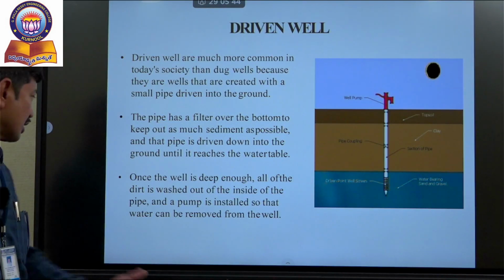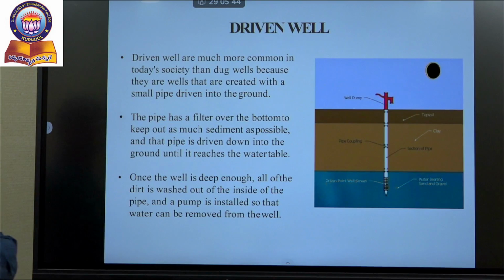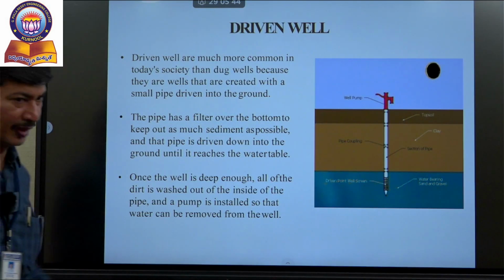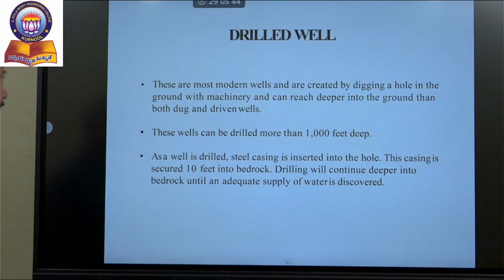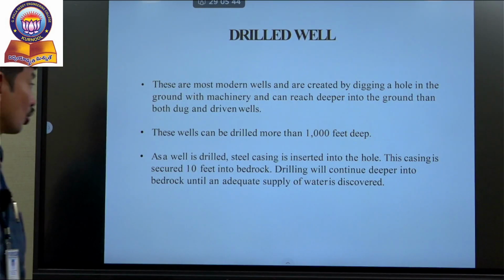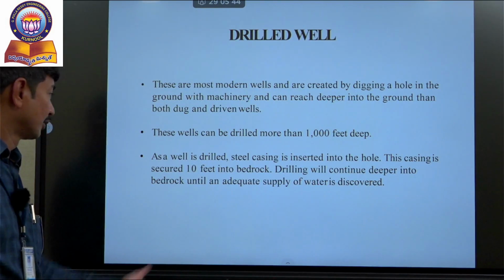Once the well is deep enough, all of the dirt is washed out of the inside of the pipe, and a pump is installed so that water can be removed from the well continuously. A drilled well can go up to 1,000 feet with the help of a bore.